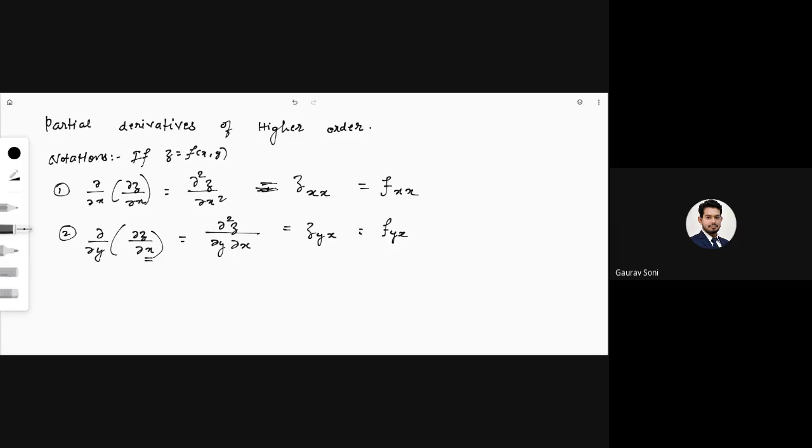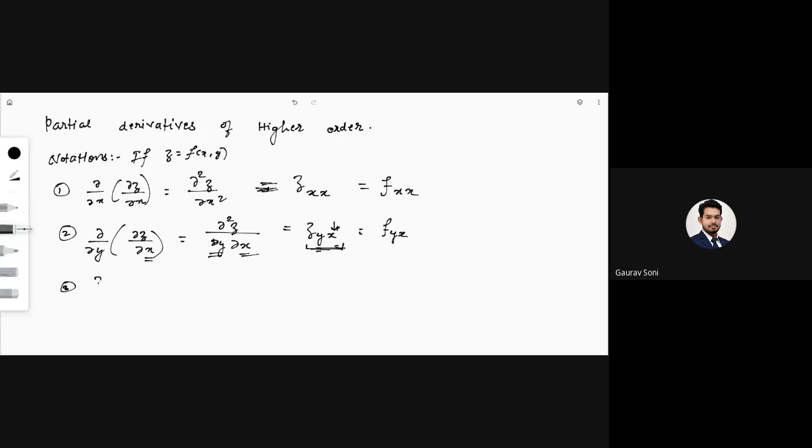Understand the notation: the derivative written later in the subscript is taken first. I mean, the order is preserved. ∂y is first, ∂x is second. So you have to keep this in mind.